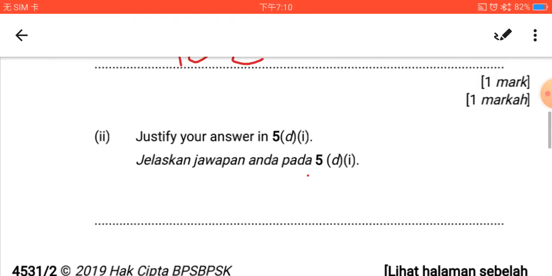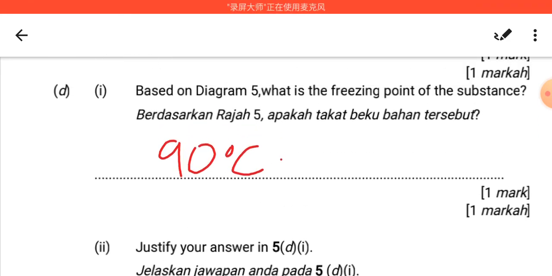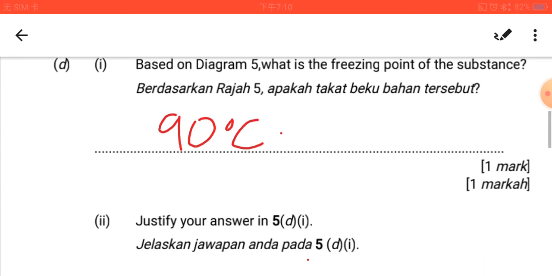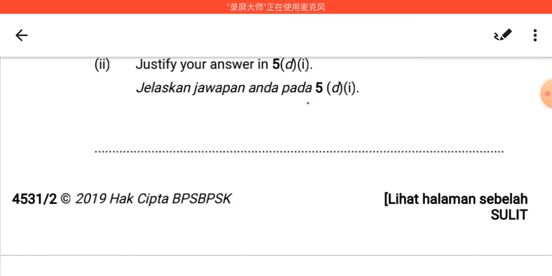Justify your answer. Why do you say the melting point is the same as the freezing point? We can say the melting point and freezing point start from the same temperature.